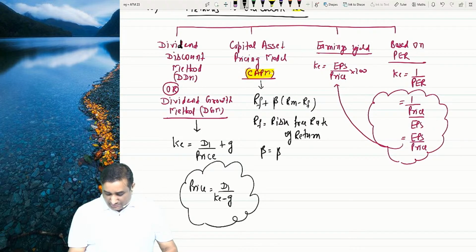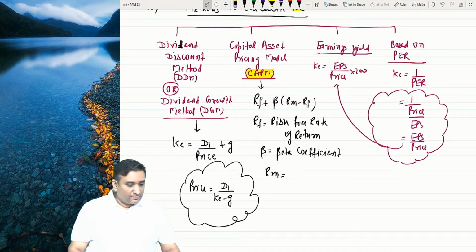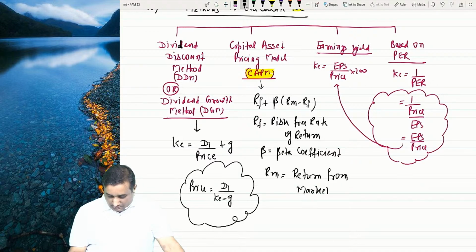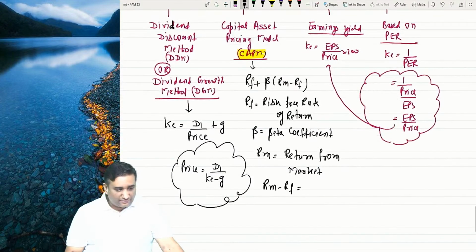Beta, what we learned, is the beta coefficient. Rm is equal to return from market. And Rm minus Rf is known as market risk premium.